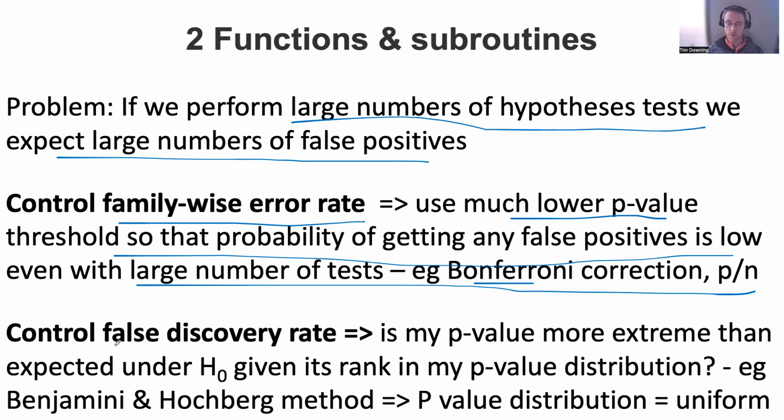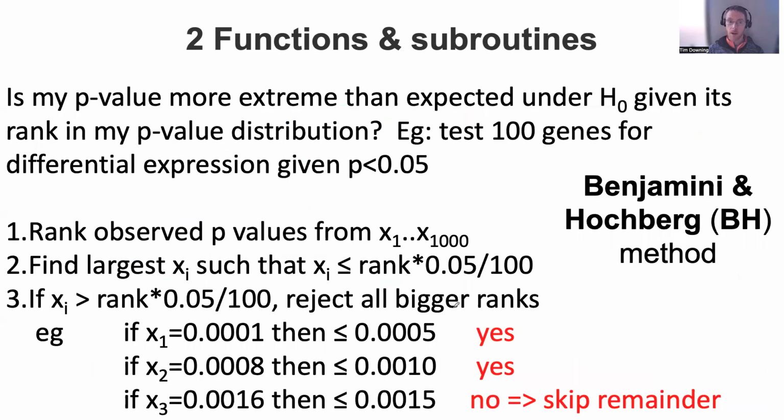A more effective way of controlling the false discovery rate is to consider whether your p-value of interest is more extreme than would be expected given its rank in the p-value distribution. This links to the Benjamini-Hochberg method, which assumes that the p-value distribution is uniform. So if we do 100 tests, say of genes, and we say our threshold is 0.05, we're effectively saying that I am going to have a bunch of p-values, and they're always going to be between 0 and 1.